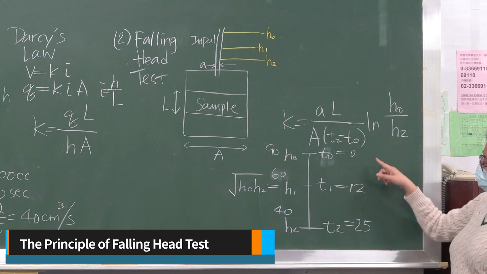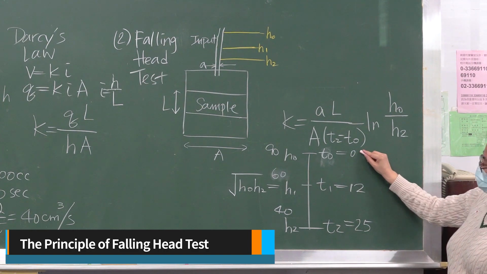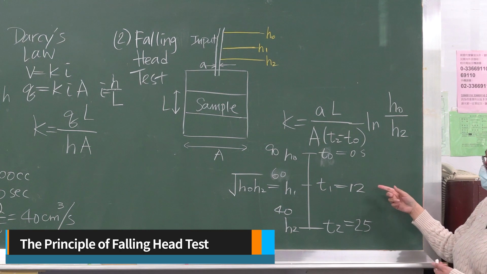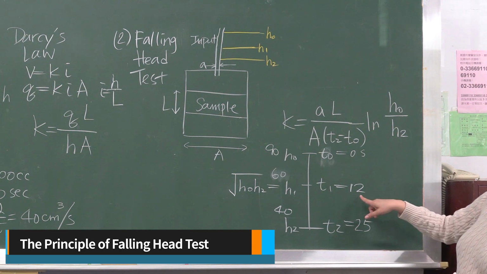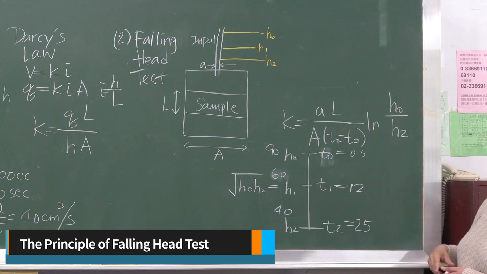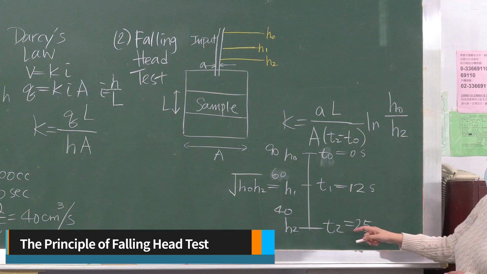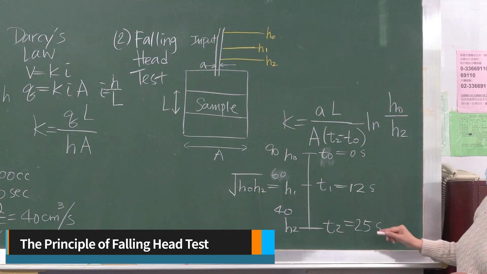When you start the test, T0 corresponds to 0 seconds, and you will start to record the time. Suppose that at H1 the time elapsed is 12 seconds, and at H2 the time elapsed is 25.